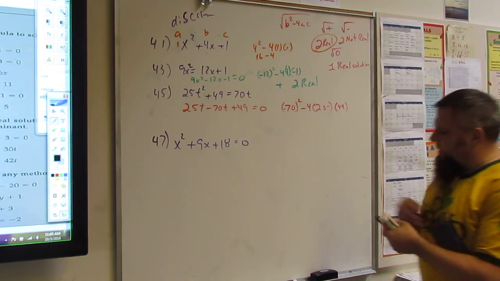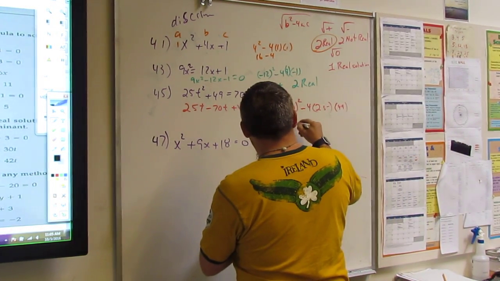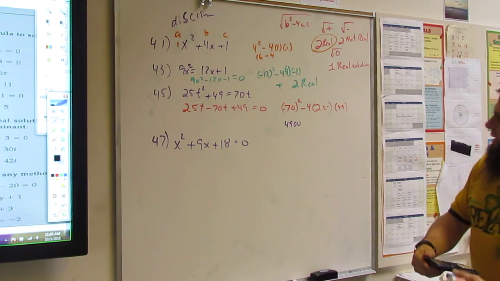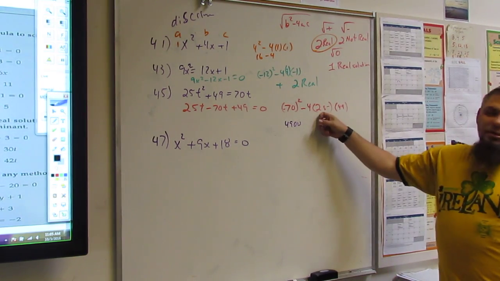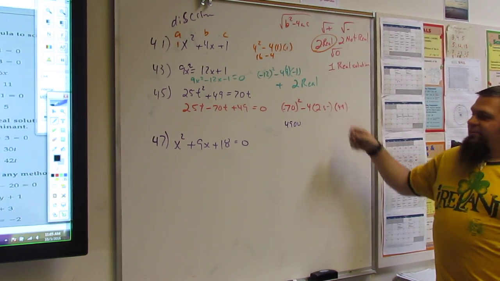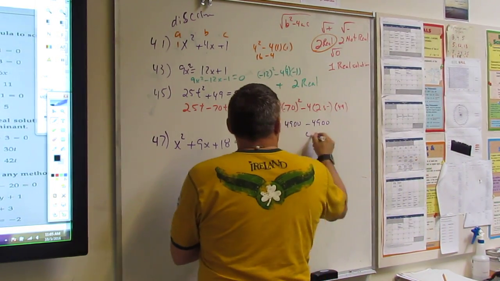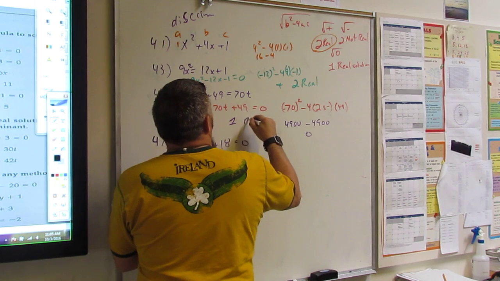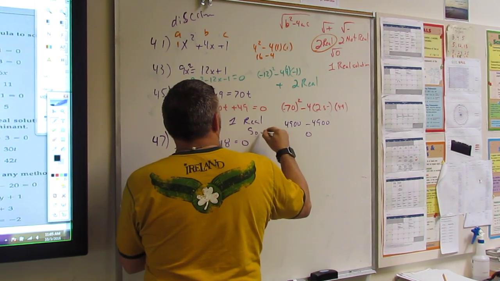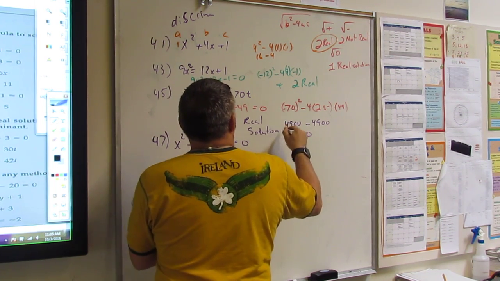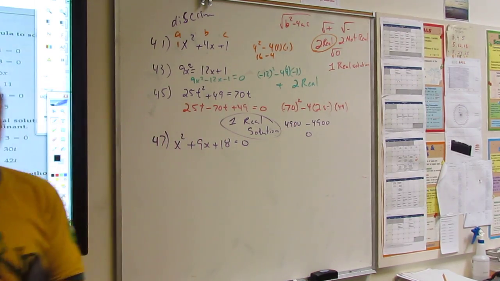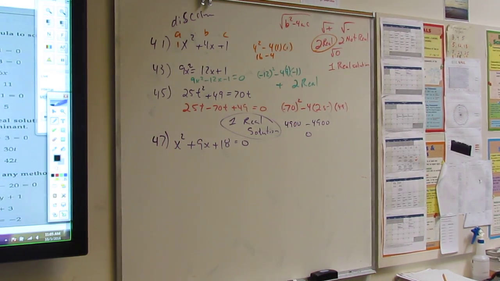I got 4,900. And then this is 100, and that's 49, so that's 4,900. So it's 0, so 1 real solution. And if it came up negative, it would have been 2 not real solutions. That's it. Real solutions. It's easy, right?